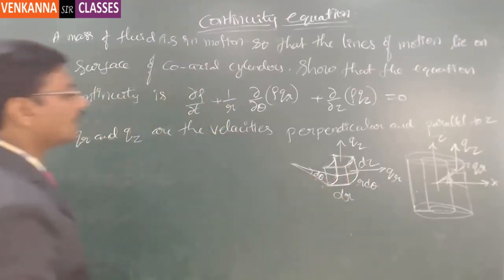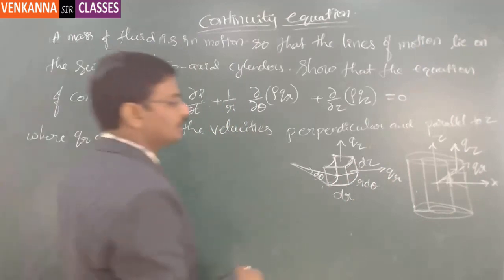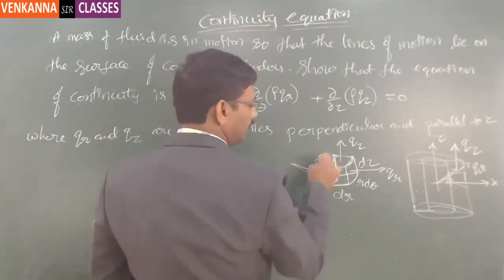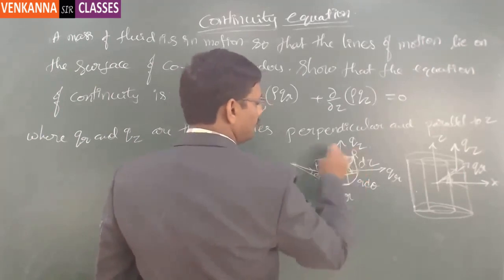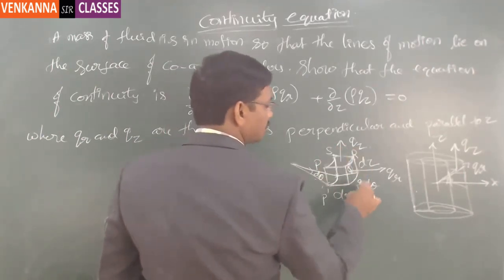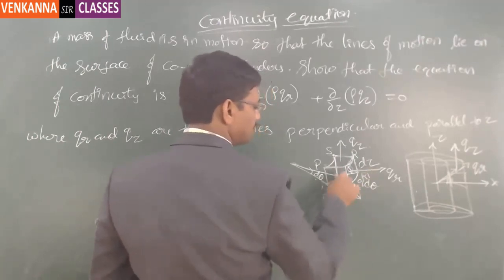So the water crossing, suppose I name the surface as P, Q, R, S, and correspondingly P dash, Q dash, R dash, S dash.